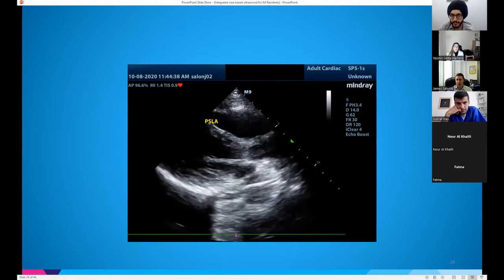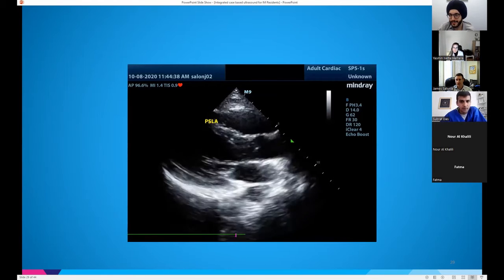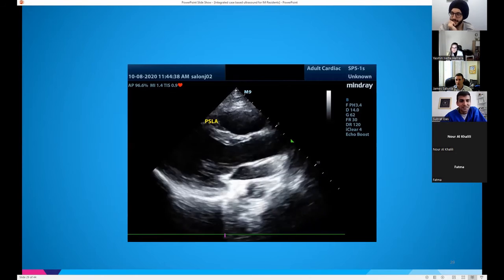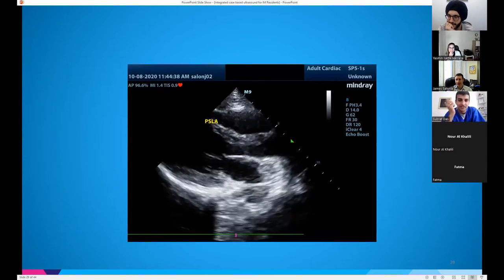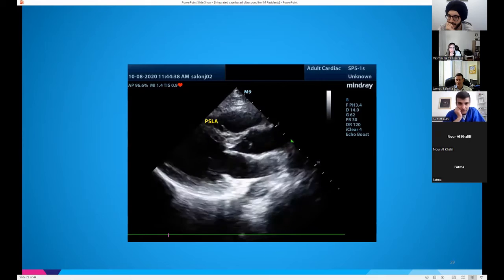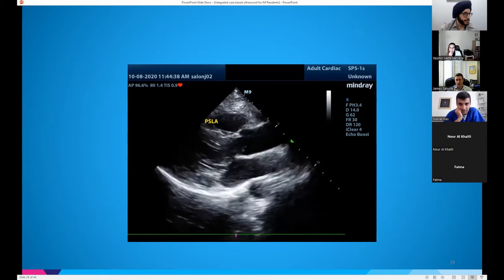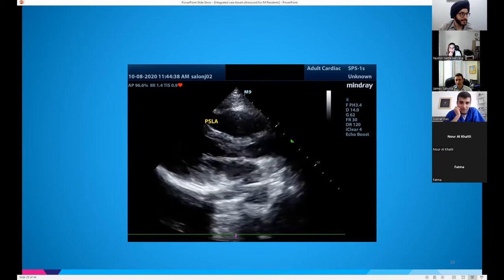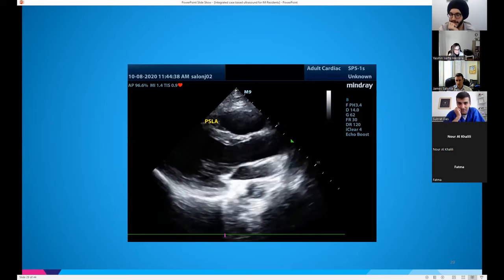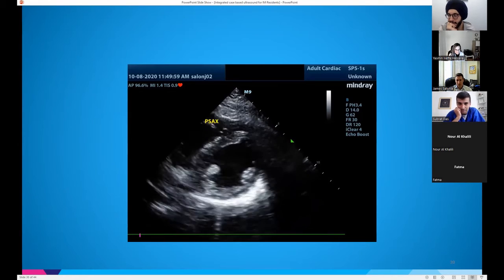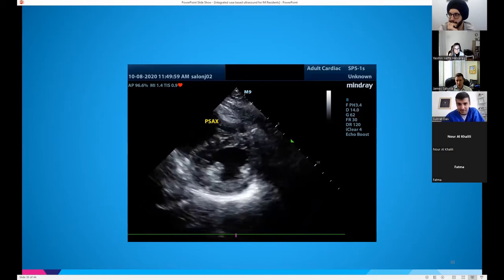So Brad, do you want to say something? No, just looking at the long axis. Yeah, it's a parasternal long axis. It looks like the ventricles are contracting okay-ish, and the RV looks okay. What do we have here?